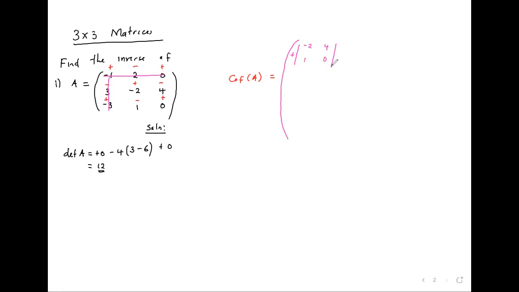Sorry, sir, I just want to ask. How have we found the determinant to be 12? We use the third column, which has 2 zeros.